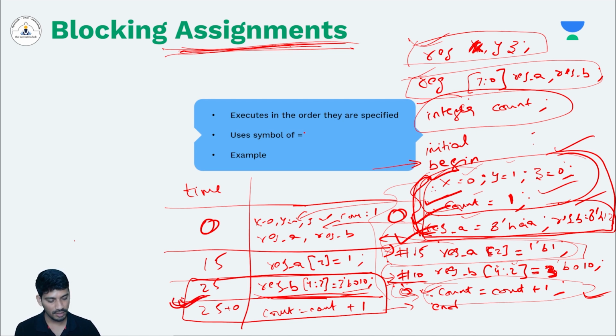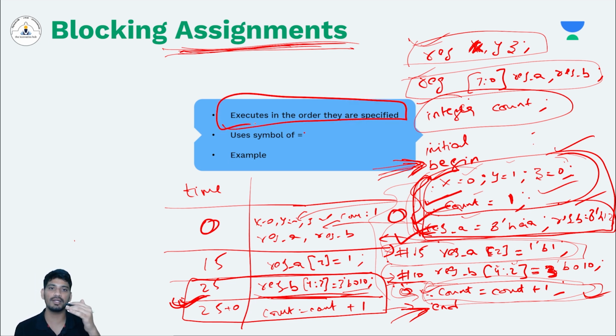Ideally, if you see, we'll think that all these statements without delays will execute at time equals 0. But that is not the case, because inside the sequential block, begin and end, the blocking statements will execute in the order they are specified. Okay. So this is an example of blocking statements.